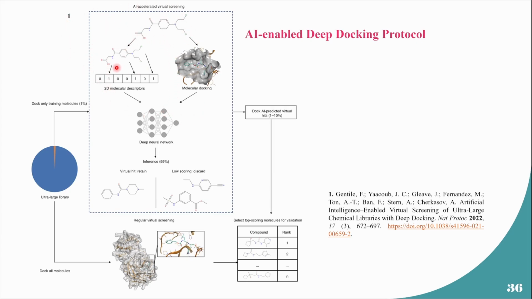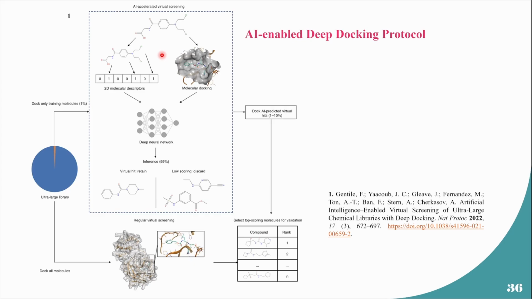So the trained model is like this. For the molecules they use in training, they do dock those molecules against the target receptor and get the docking scores. They convert the ligands into descriptors, and they train the model by correlating the two. So they are saying that if a molecule has these descriptors, then it will have this particular docking score against that protein.